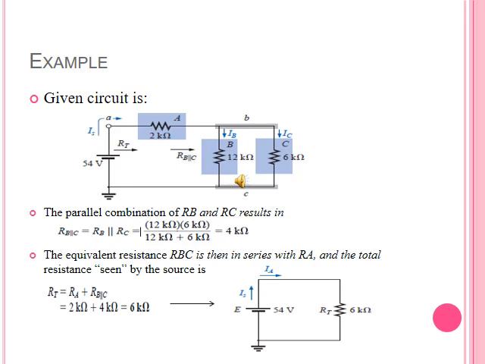They are connected in parallel, and after their reduction, we are going to have 4 kilo ohms as RB in parallel with RC, because we have labeled these as B and C. After that, we see that the parallel combination is in series with the 2 kilo ohm resistor. After adding them, we get an R total of 6 kilo ohms.